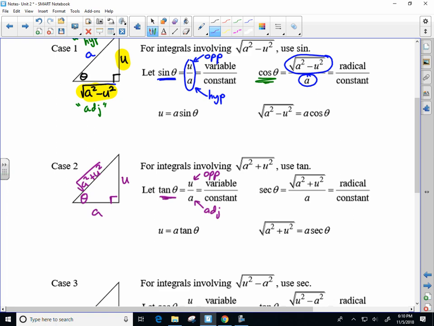If again we're taking the ratio of the radical part to the constant, the radical part is the hypotenuse and the constant part is the adjacent side. So I want the ratio of the hypotenuse to the adjacent. I zigged when I should have zagged.